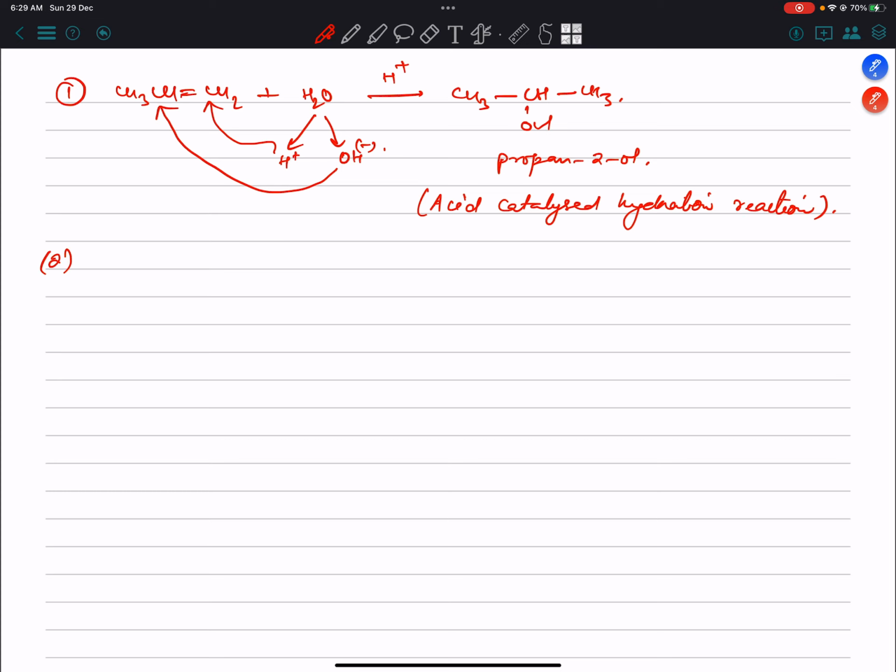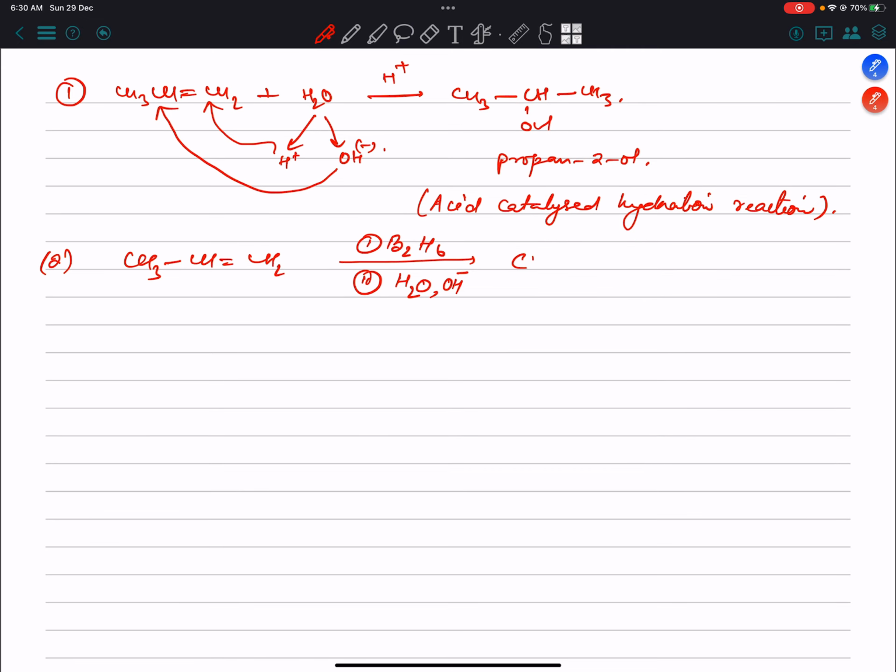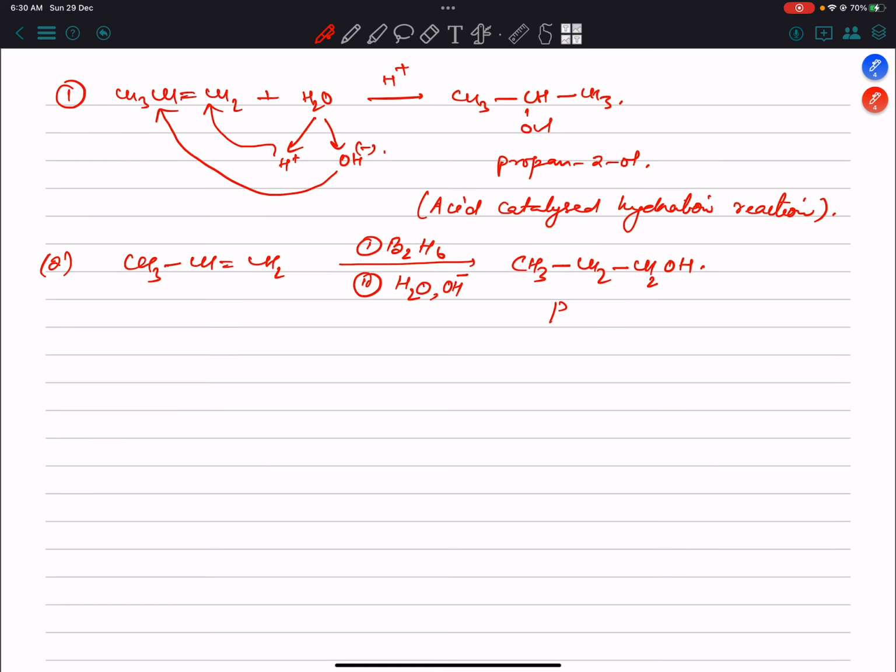The second reaction is when an alkene, say propene, reacts with first diborane B2H6 and then is followed by reaction with hydrogen peroxide in the presence of base OH minus. It gives alcohol, but here propan-1-ol is formed.